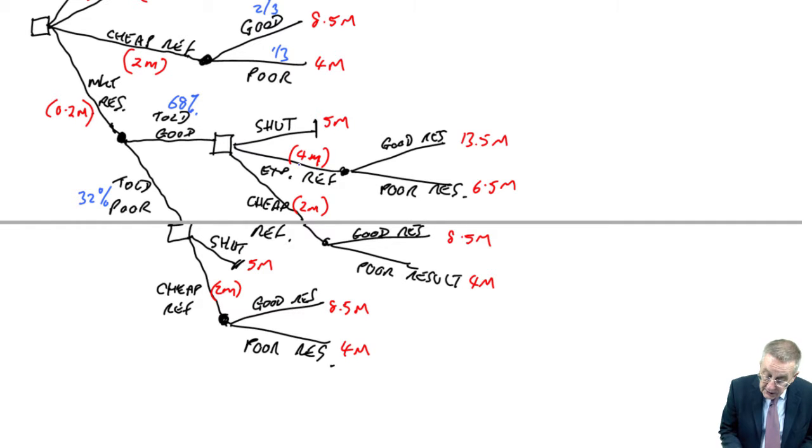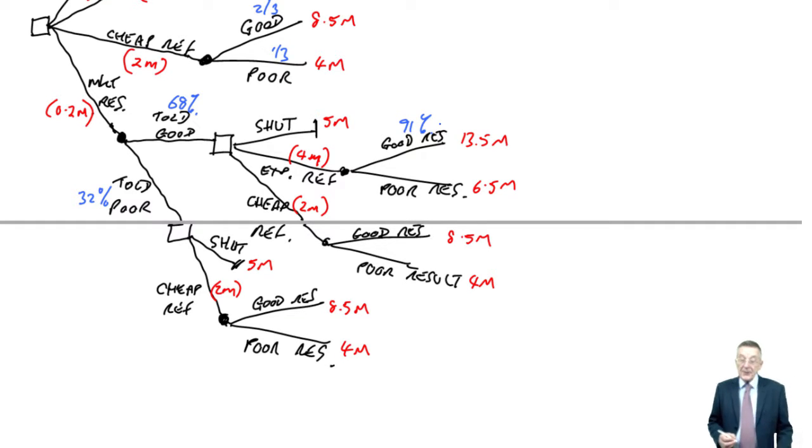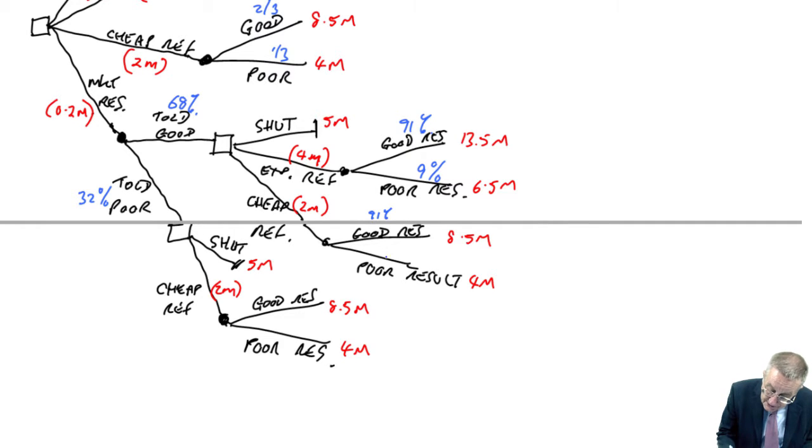So they've said it's good. There's a 91% chance that it actually is good, and therefore a 9% chance that it actually turns out to be poor. And that'll be the same for either of them. So even if it's cheap, 91%, 9%. Or if you prefer, incidentally, 91% is 0.91 probability, 9% 0.09 probability. Doesn't matter when we come to do the arithmetic. I'll make it clear.